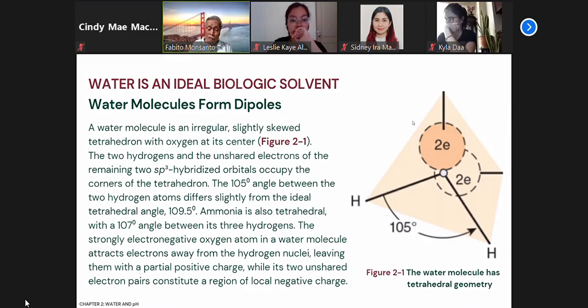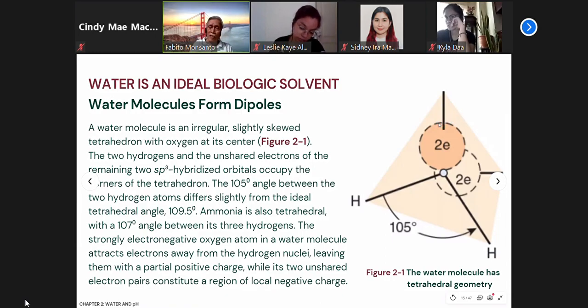You have hydrogen here, you have another hydrogen here, and this is all attached to your oxygen. Okay? Now your hydrogen is positively charged there. So this area is positive. And that area there is negative.